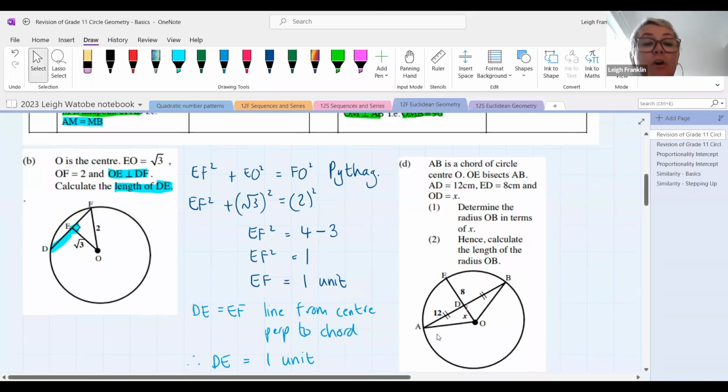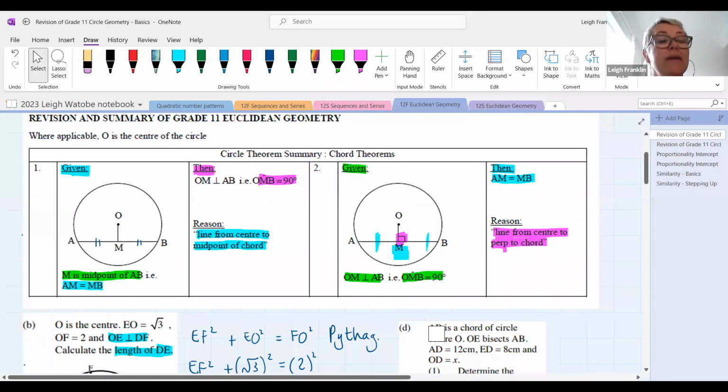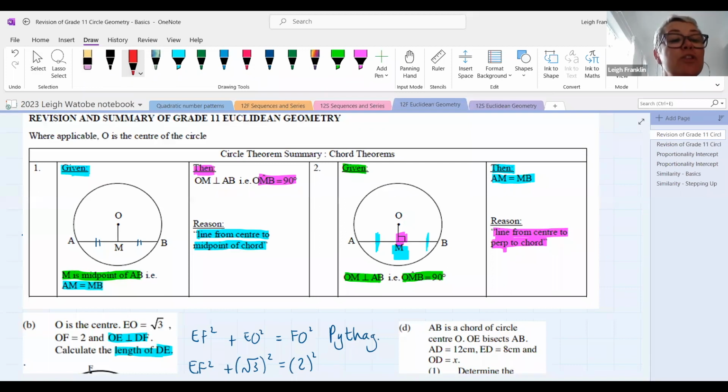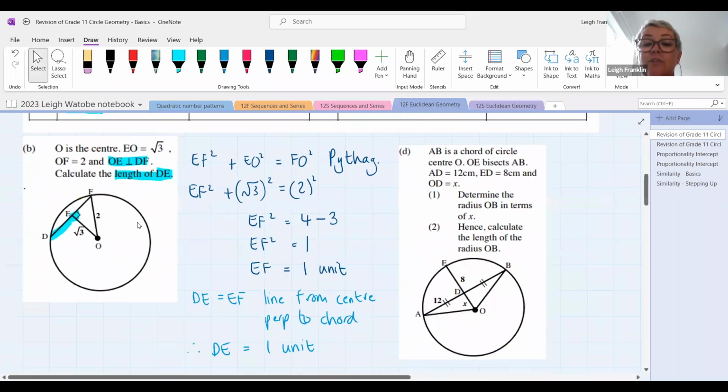So again, if we go back up here and have a look, we can see that it is this situation here on the left-hand side, where we've been given two line segments are equal, and we then have to conclude that there is a right angle over here. So we're going to be using line from center to midpoint of chord in this particular situation.